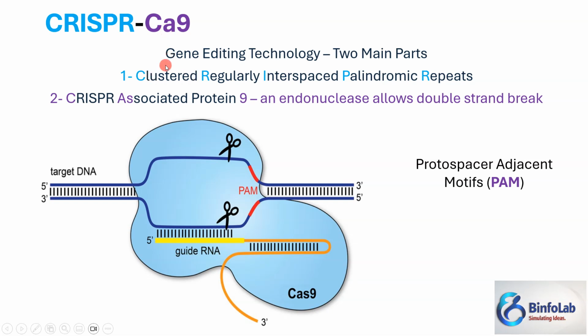CRISPR stands for Clustered Regularly Interspaced Palindromic Repeats, while Cas9 stands for CRISPR-associated protein 9, which is an endonuclease that makes double-strand breaks, or you can say it has the ability to cut both strands of the DNA.